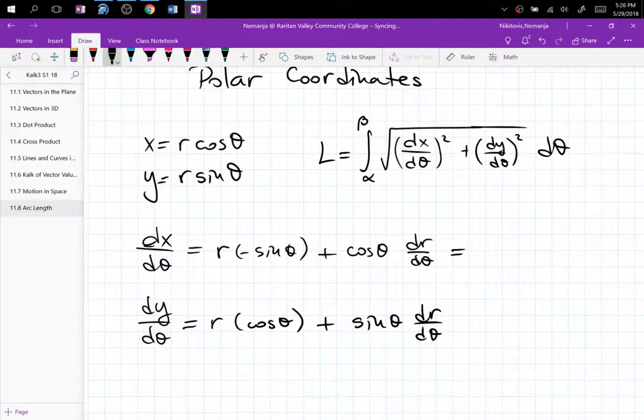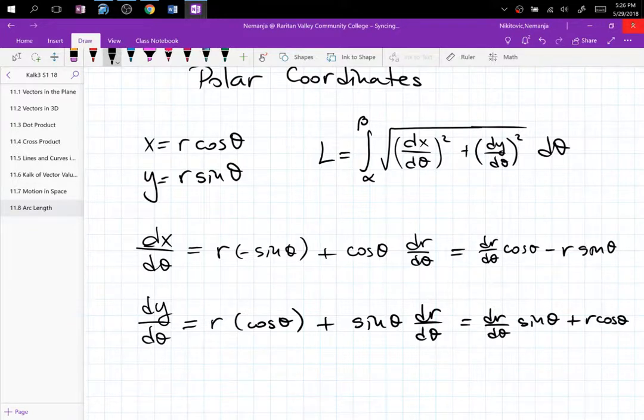Now put them in the better form, which is dr d theta of cosine theta minus r sine theta, and over here we have dr d theta sine theta plus r cosine theta.